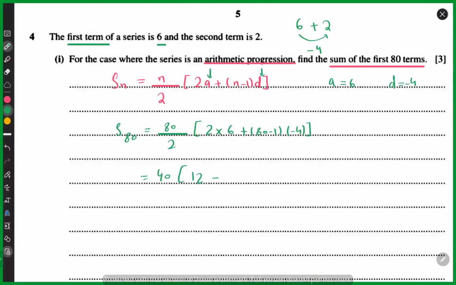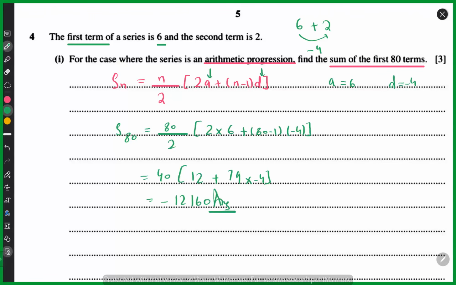This is how I do it for some reason. Then it's 79 multiplied by negative 4, and I'll finally write down the answer. It's going to be 12 minus 4 into 79, and this thing is multiplied by 40. So it's negative 12,160. This is going to be the answer.